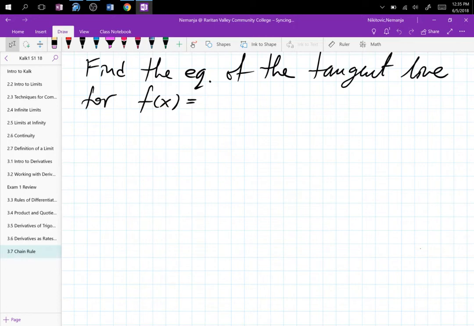So square root of x squared plus 3 at x equals 2. So it's x squared plus 3 under the radical, and x equals 2. That's the point.